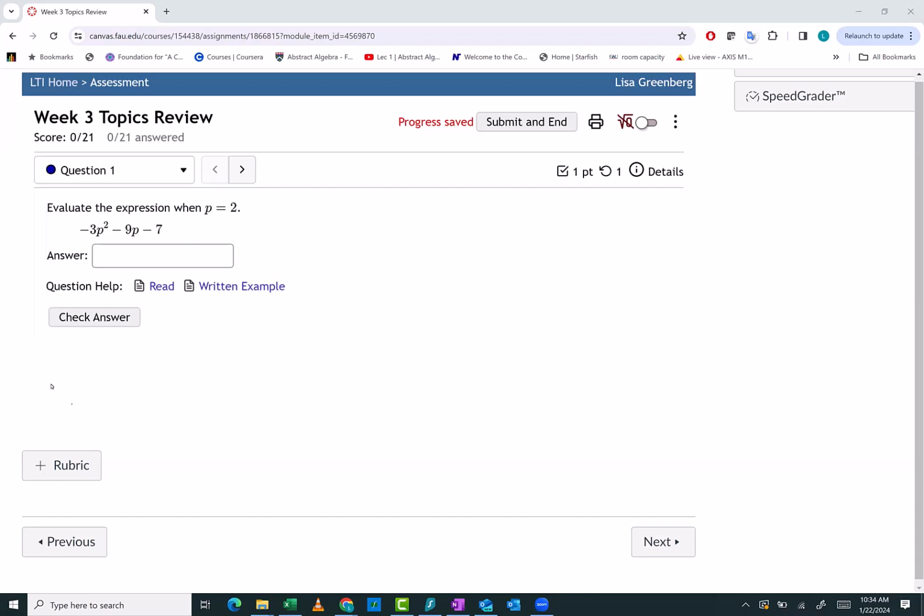Number 1, evaluate the expression when P equals 2. I really recommend that everywhere there's a variable, you just put a parentheses.